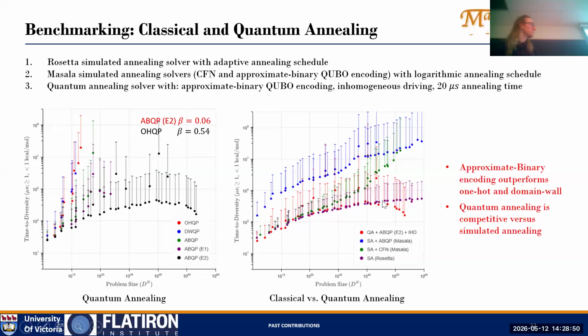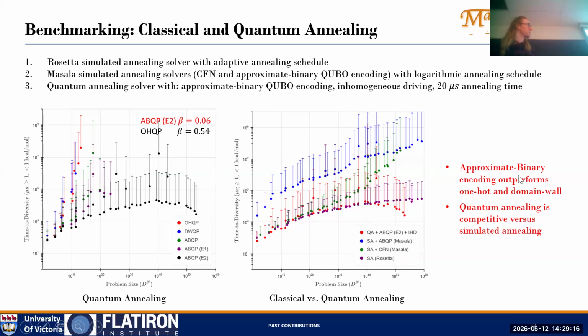And then comparing to our classical solvers, we took the best from the quantum results, compared it to the classical, and you can see that the quantum curve falls just about exactly on top of the best classical curve, which is the Rosetta simulated annealer with an adaptive annealing schedule.